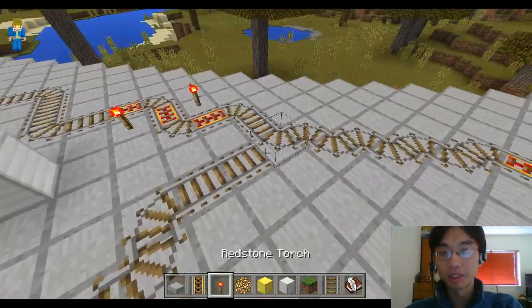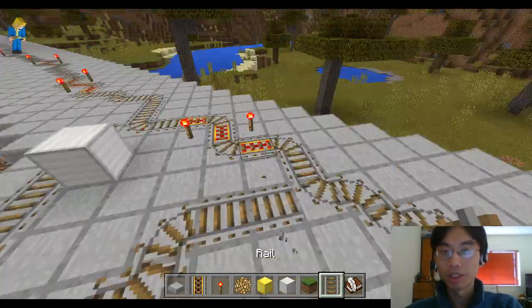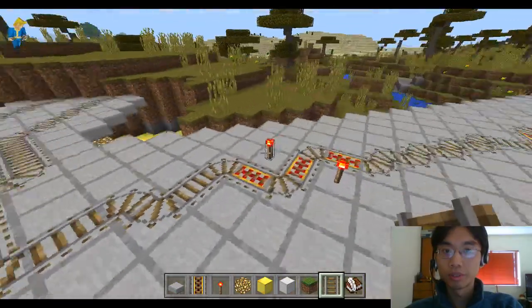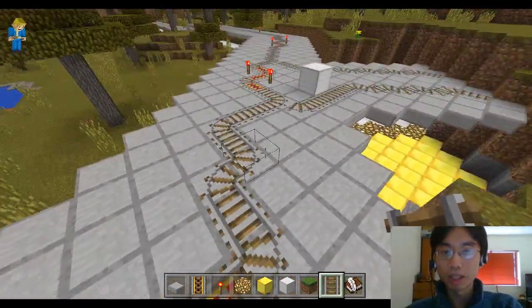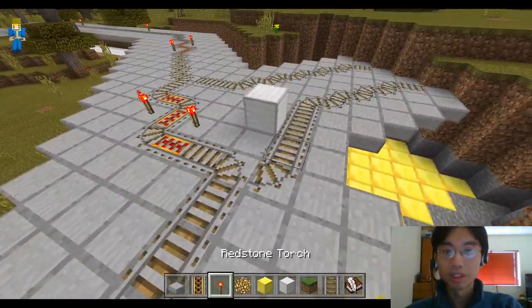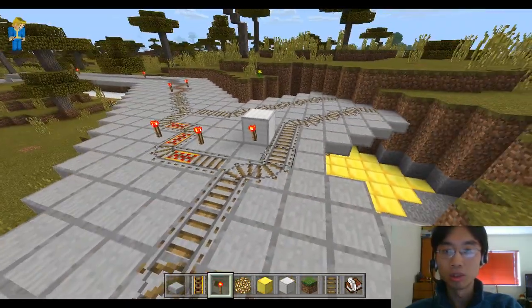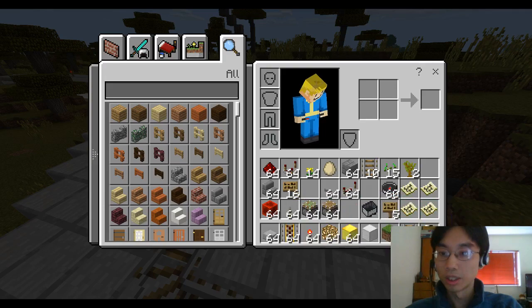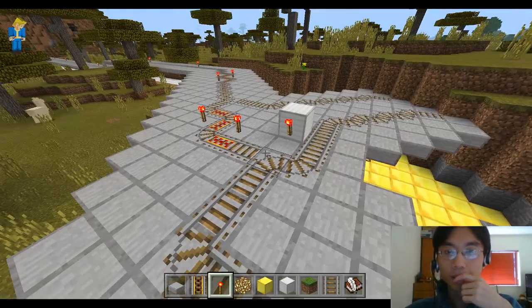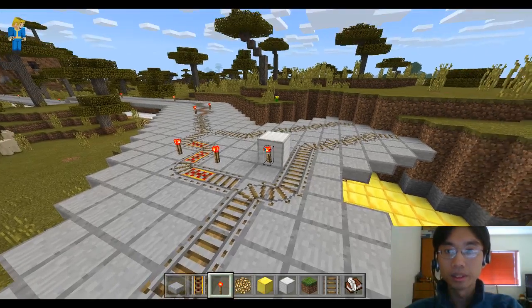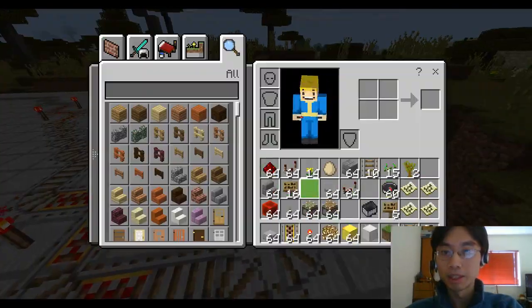Alright, what happens here? Let me just double check this. So, if that becomes powered, then we would leave that and go to 2-2. Which, by the way, what is 2-2? 2-2 is Sentinel. Where are my signs?